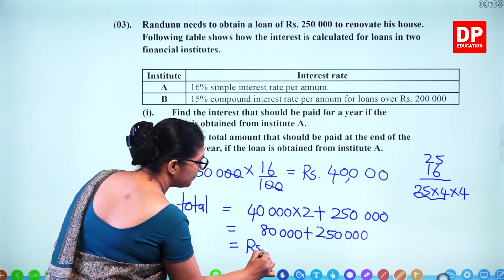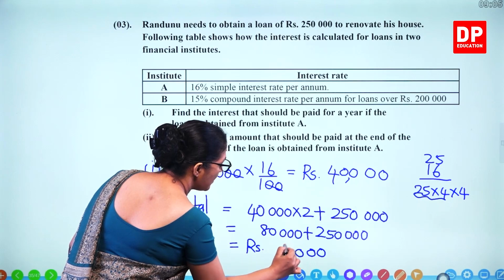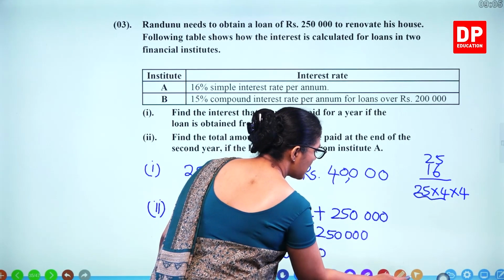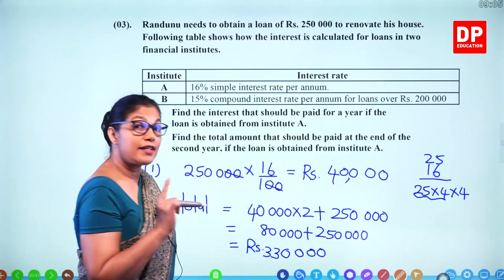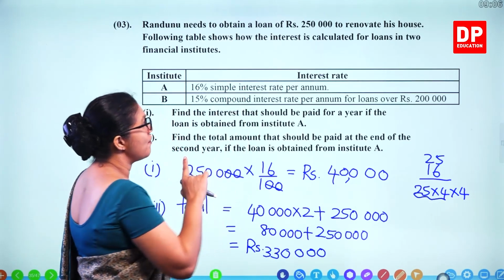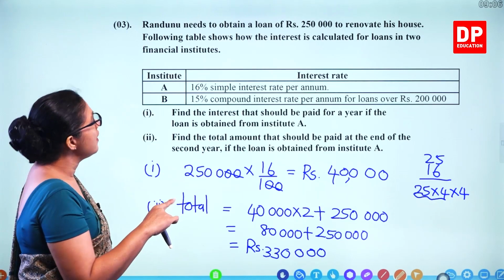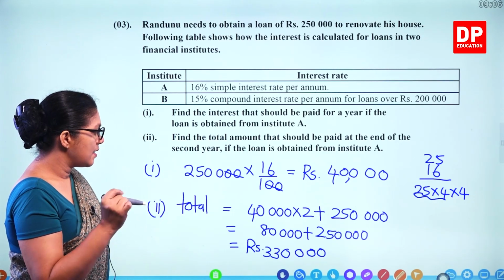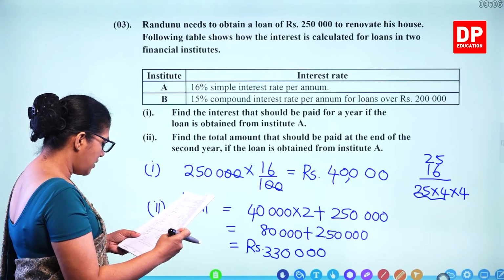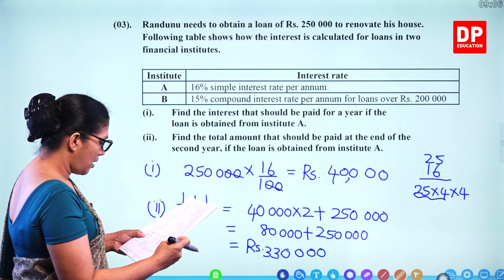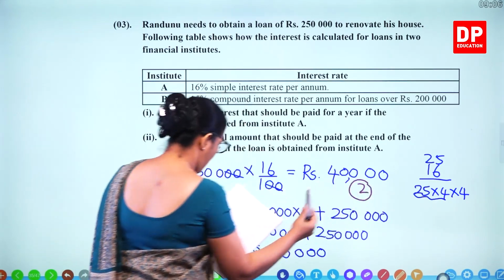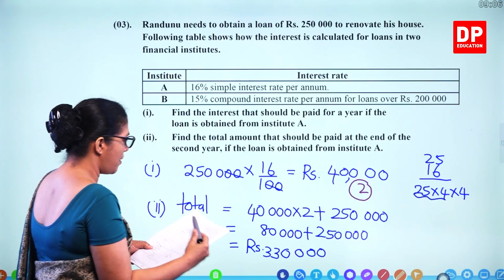So what's the answer? 330,000 they need to pay. 250,000 is the loan. After 2 years they need to pay 330,000 rupees. So what are the marks given for that? First part 2 marks and the second part 3 marks.